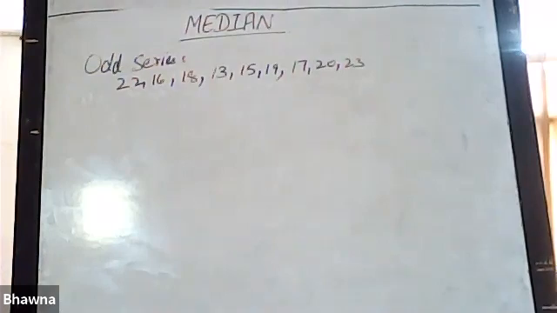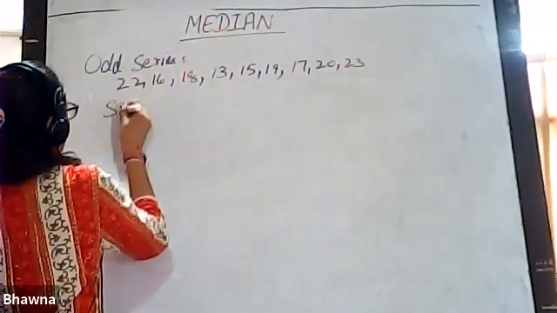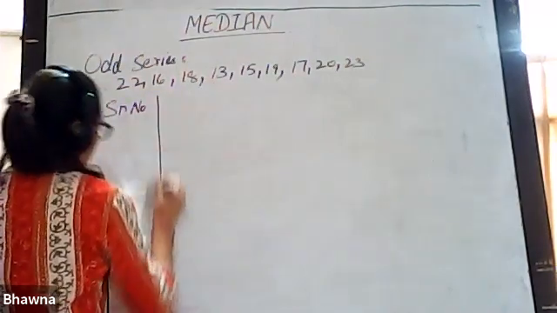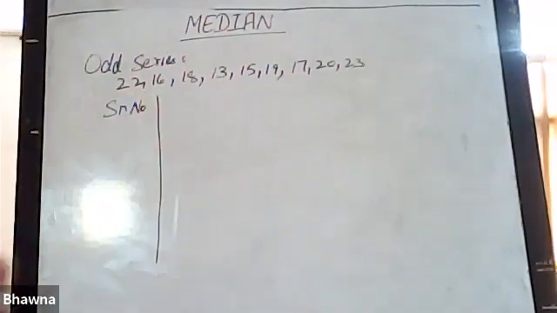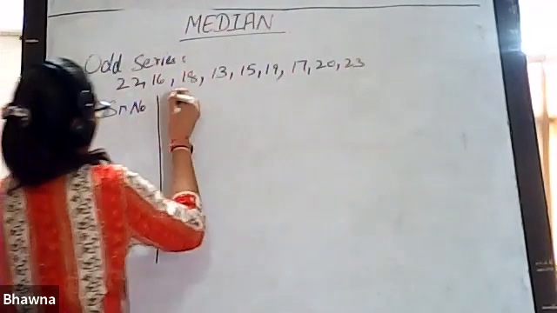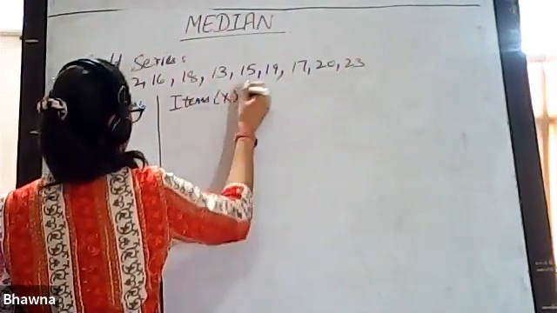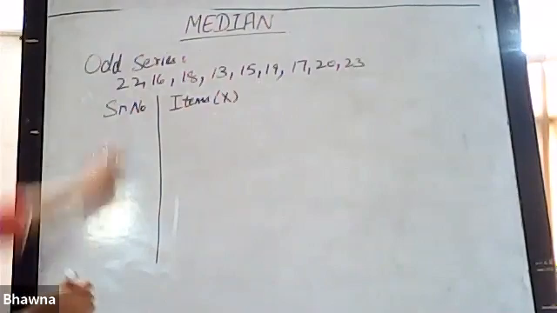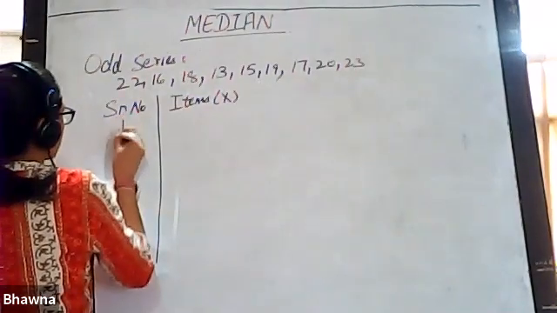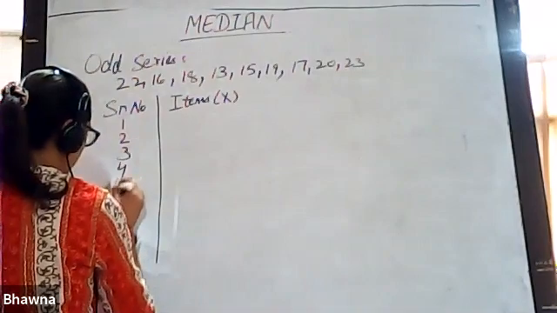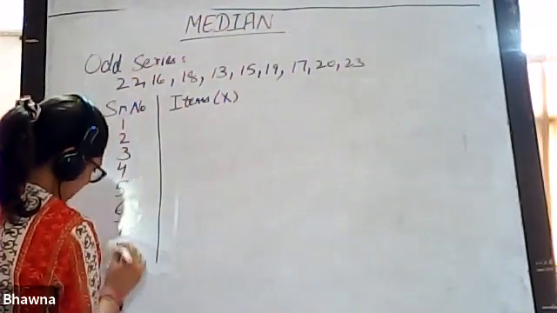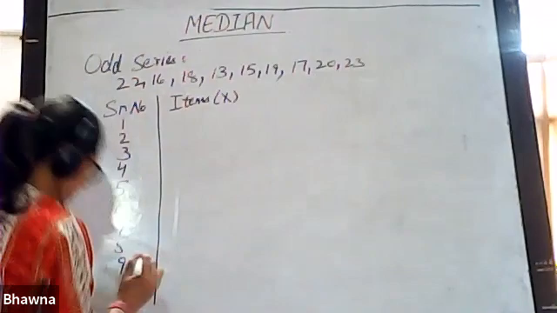So firstly, we have to arrange the data in ascending order. These are all the items denoted by X. So the serial numbers are here: 1, 2, 3, 4, 5, 6, 7, 8 and 9 as we calculated earlier.